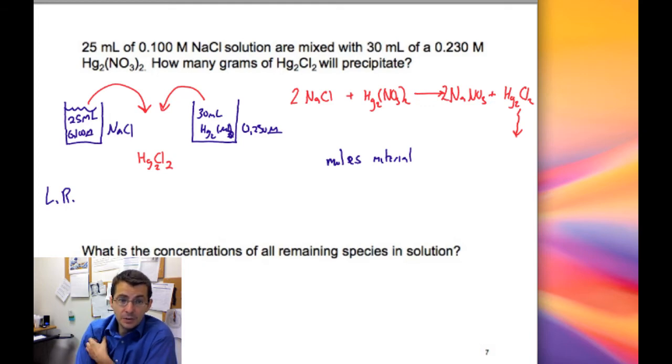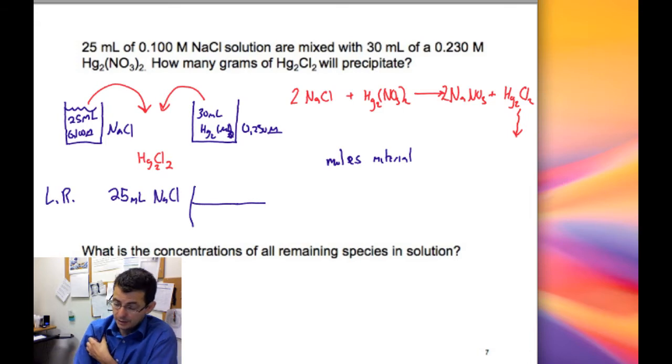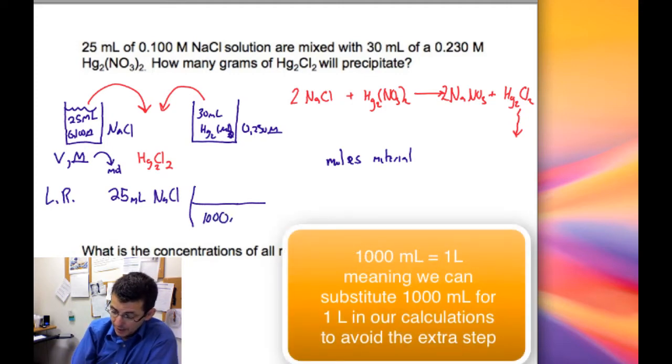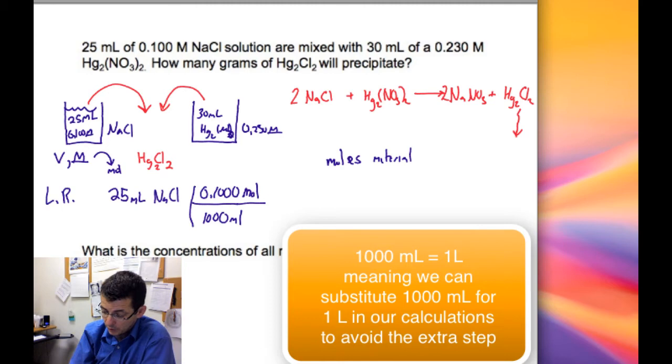For the case of the sodium chloride, we know that there are 25 mL of the sodium chloride solution, and then using our molarity, because a volume and a molarity together are used to obtain moles, we can simplify: 1,000 mL, a liter of sodium chloride solution, contains 0.100 moles of sodium chloride.